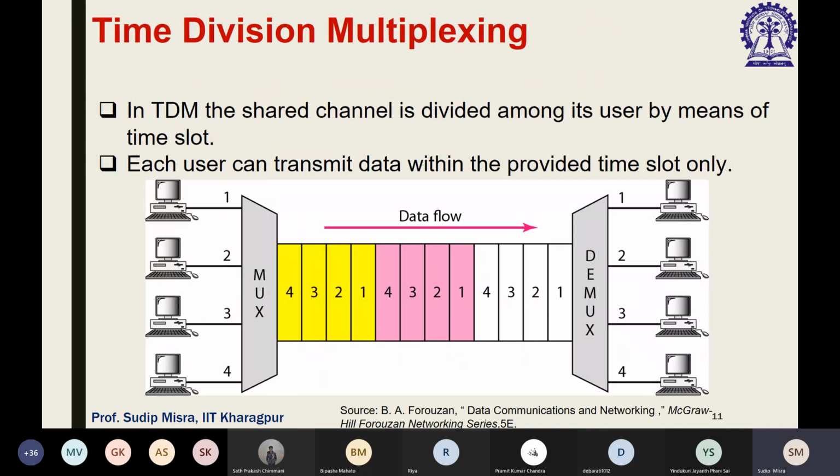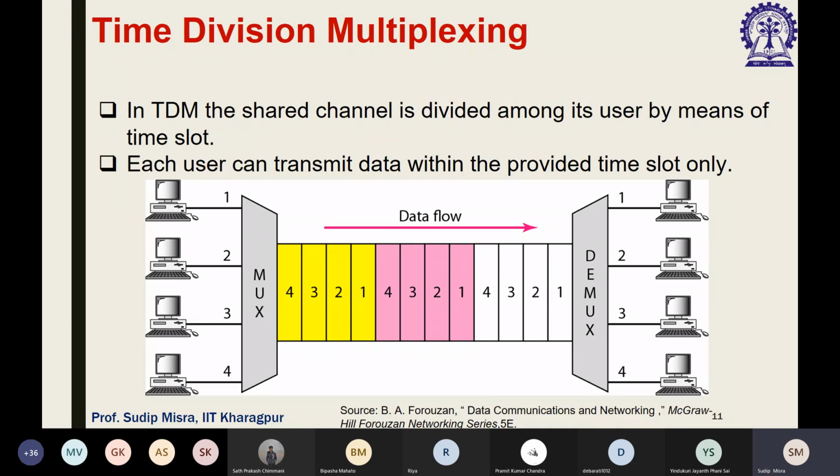Now let us talk about the other important multiplexing technique, which is called time division multiplexing. In time division multiplexing, the time domain is divided into different parts, and each of these parts, which are called slots, is used by the users according to the assigned slots. You have a shared channel, and that channel is divided between the different users.